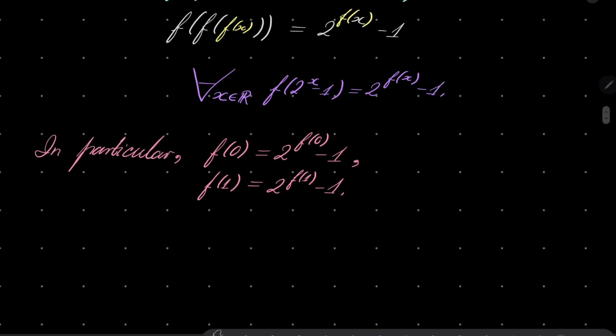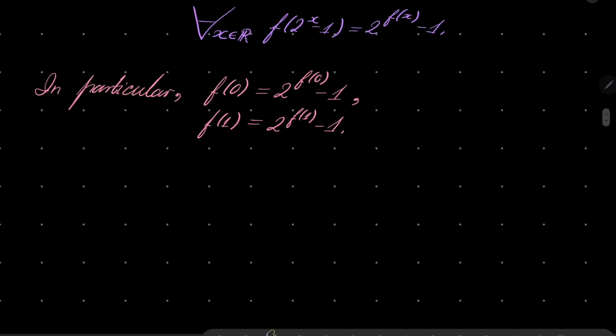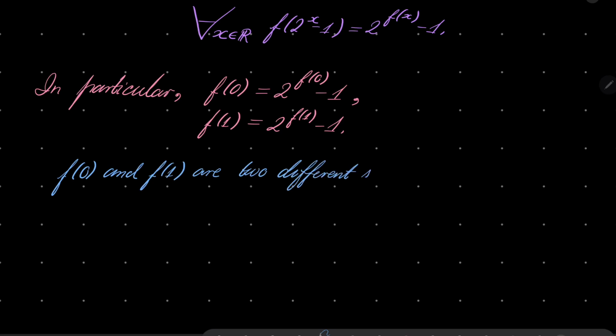Alright, so this means that f of 0 and f of 1 are two different solutions to the equation 2 to the power of x equals x plus 1.